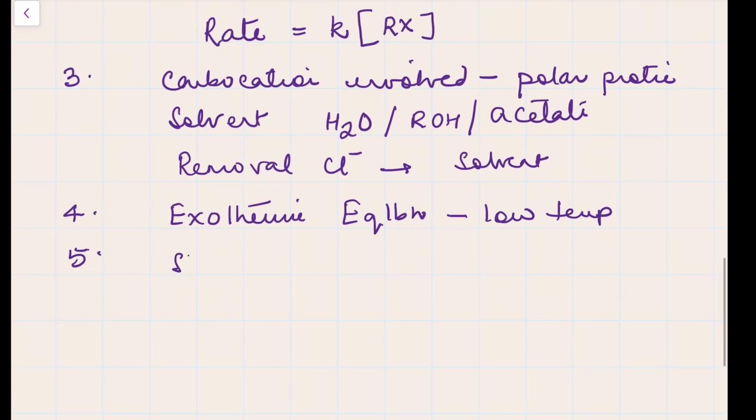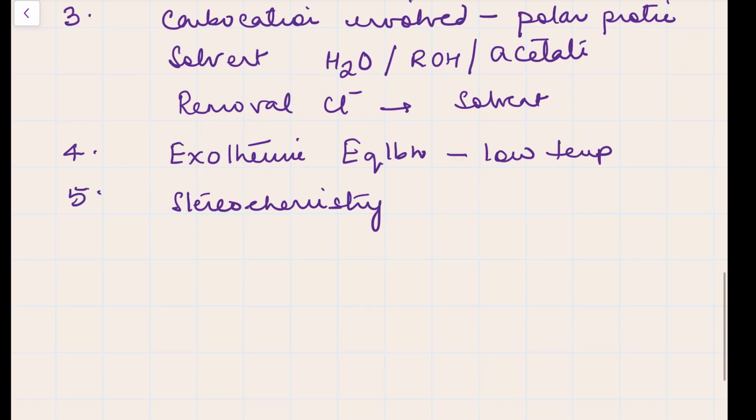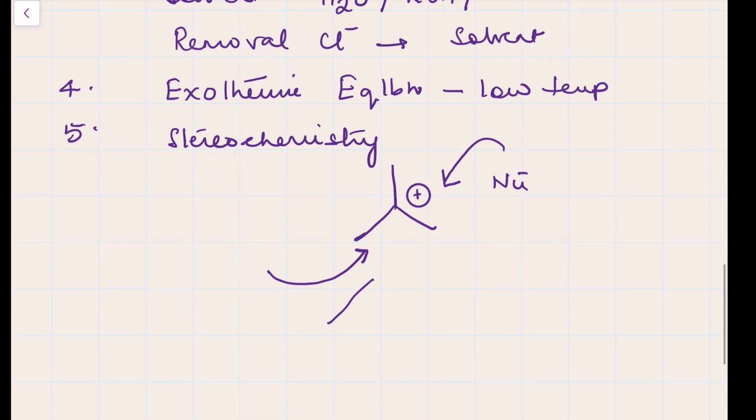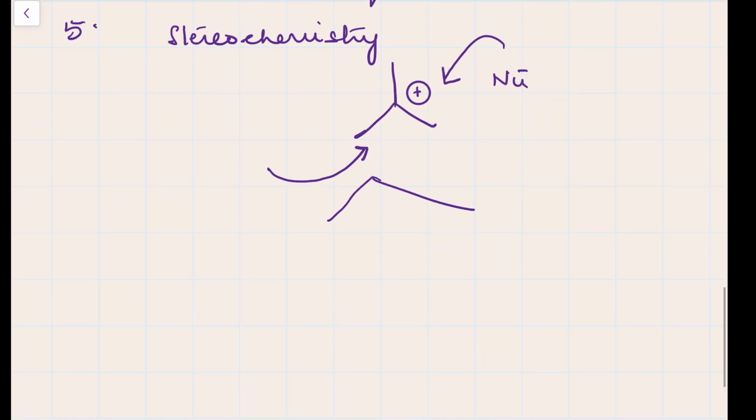If we look at the stereochemistry of the reaction, the carbocation that is formed is planar. So the nucleophile can attack from the direction from where Br minus had left, or it can attack from the opposite direction. So we get two products.